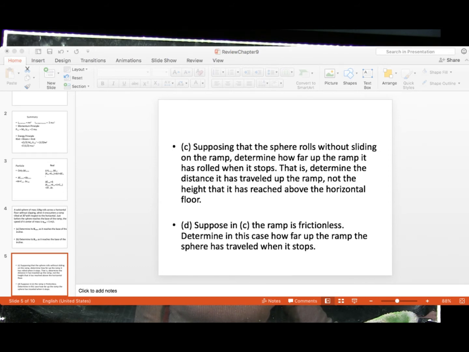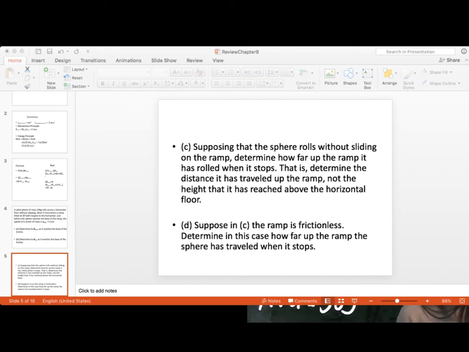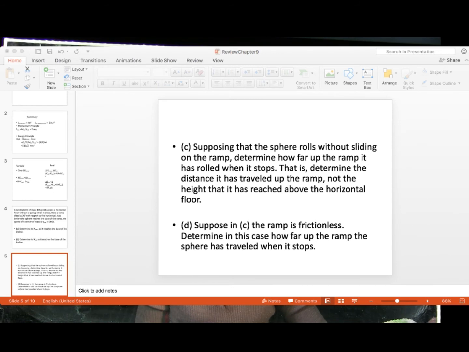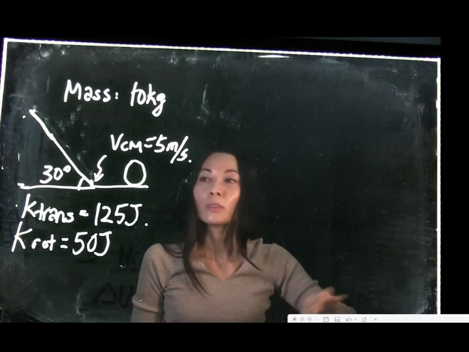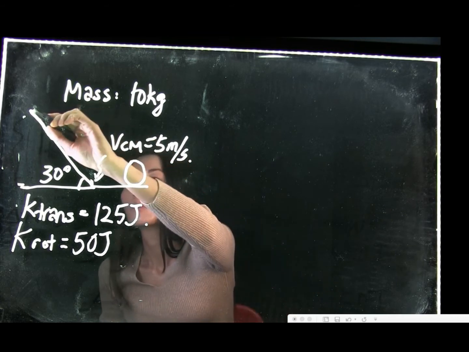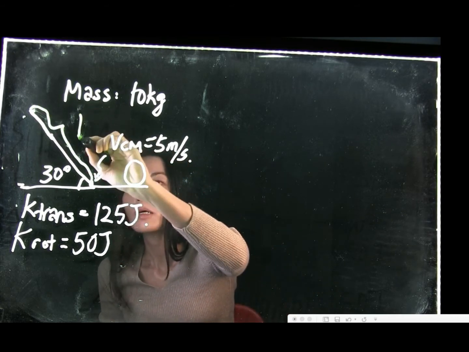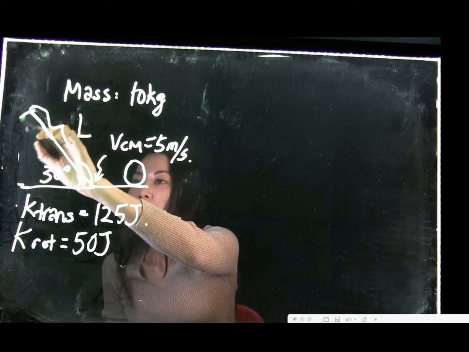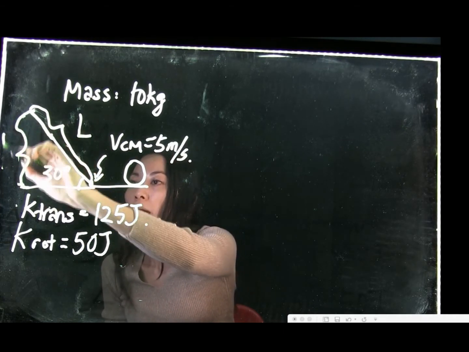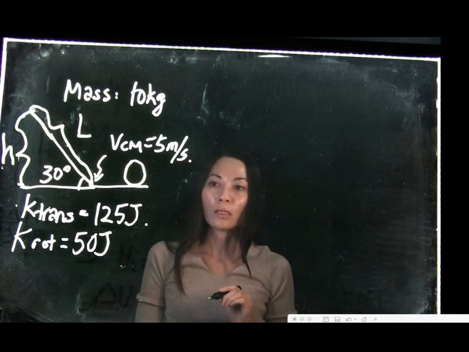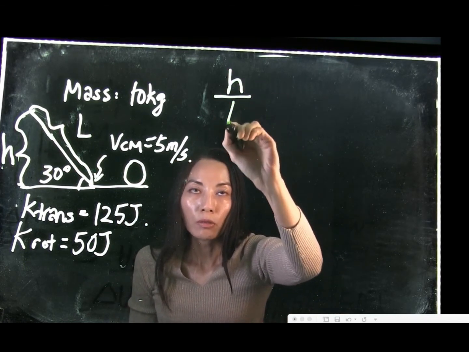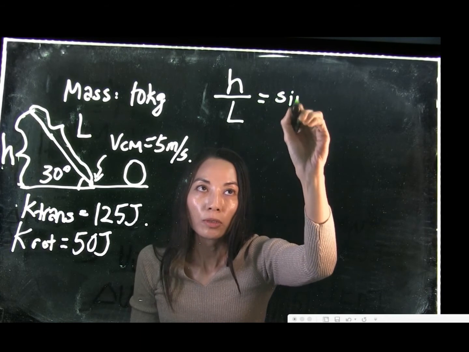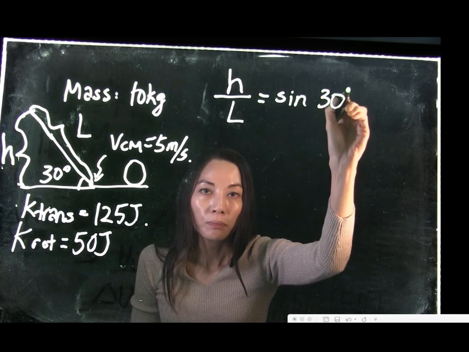So that is finding the distance it has traveled up the ramp. So we need to find the distance L traveled up the ramp, but the ramp goes out to a height h above the floor. And so from geometry we have h over L equal to sine 30 degrees.